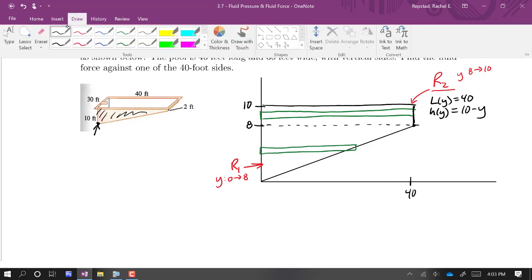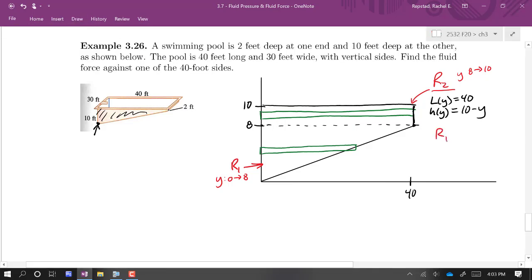So there's our region 2. I'm also going to put the region 1 details over here. So y goes from 0 to 8. H of y is still 10 minus y.